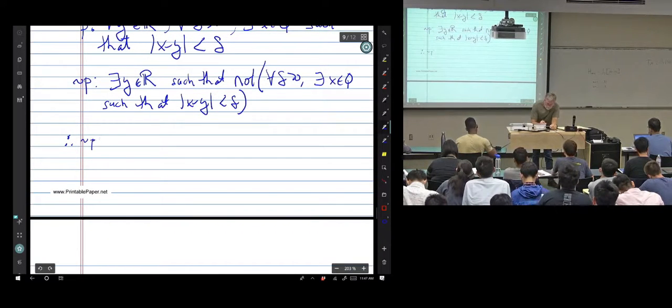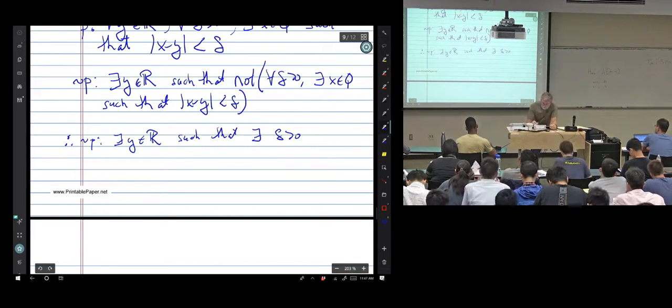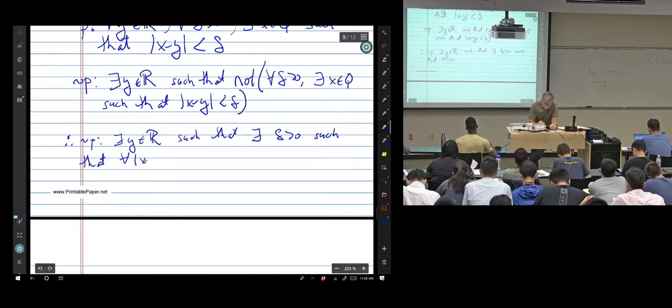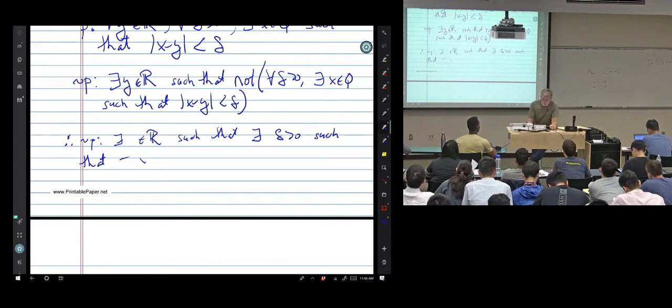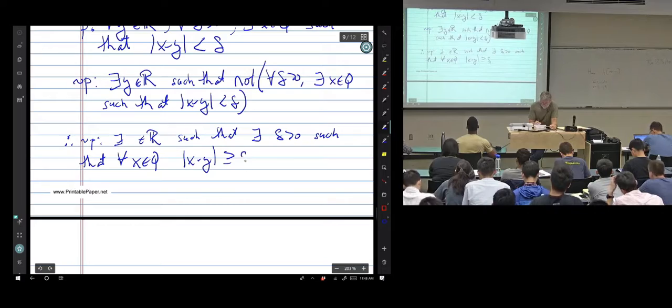Conclusion, not P, there exists y in R such that there exists delta greater than 0 such that for every x in Q, absolute value of x minus y is greater than or equal to delta.